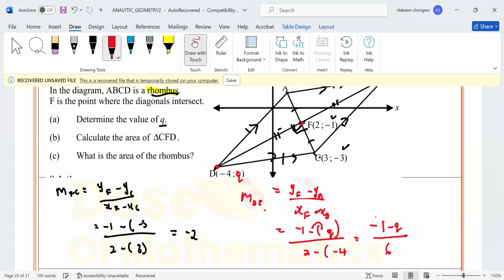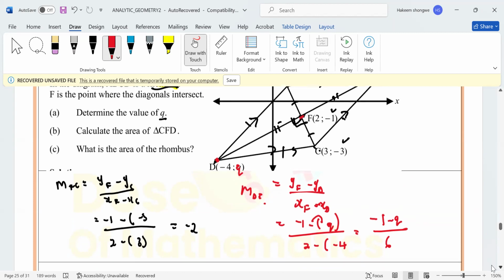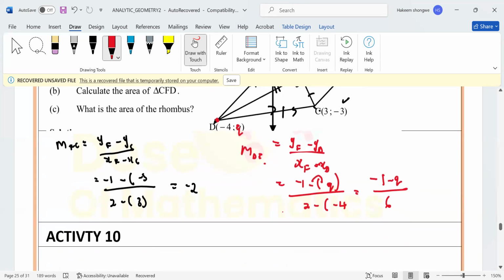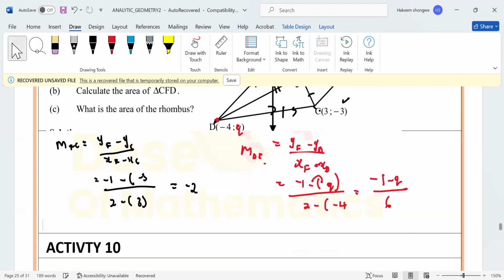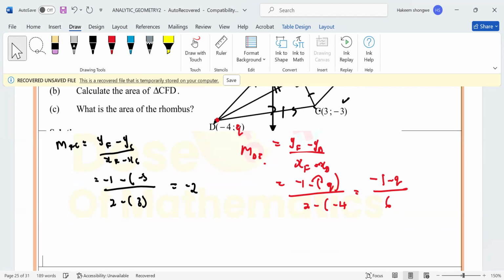Now the black and the red are not equal, but they're going to give us -1. Why? It's because these two are perpendicular. Why am I saying they're perpendicular? It's because I'm using properties of a rhombus. So I am going to go on and say I have the following then. I need to close my bracket. 2 minus open bracket -4.